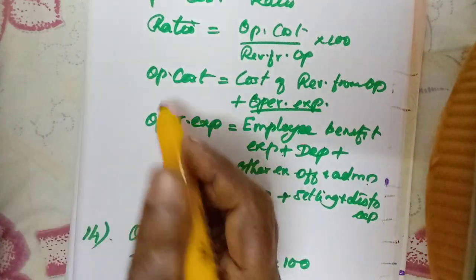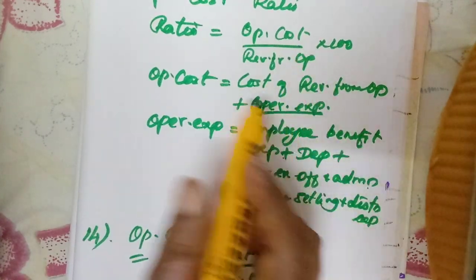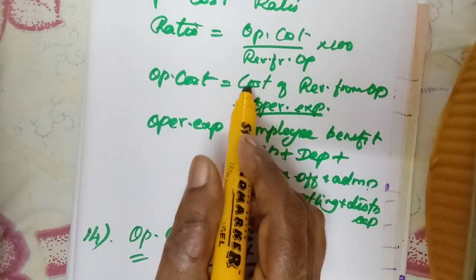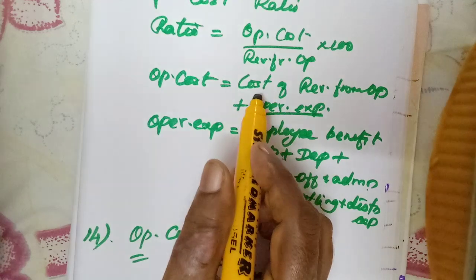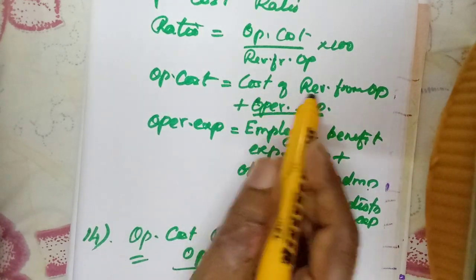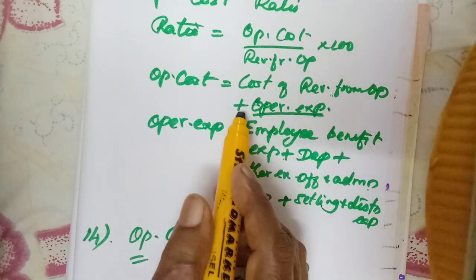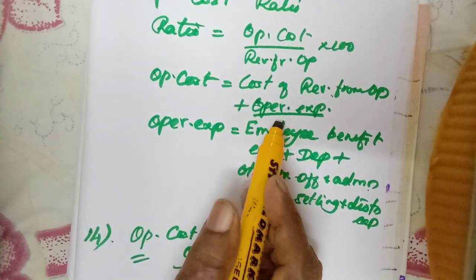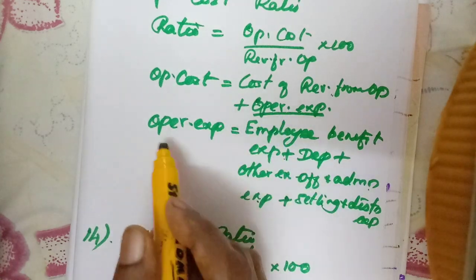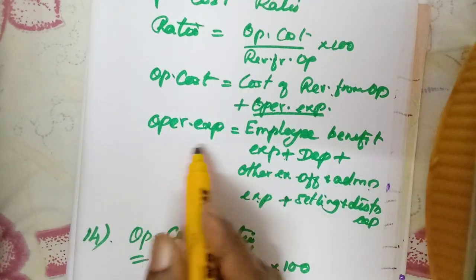Here the operating cost will not be given, we need to calculate. Already in the gross profit ratio we have calculated the cost of revenue from operation. Along with that cost of revenue from operation, we need to add the operating expenses. What are operating expenses?